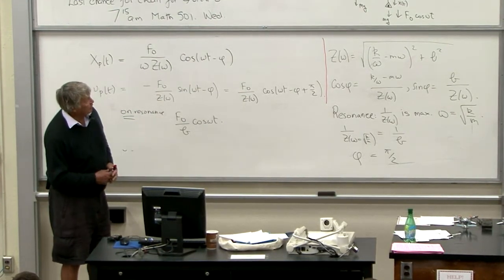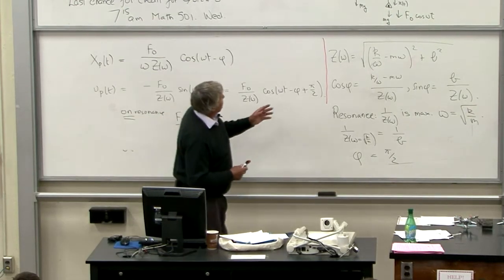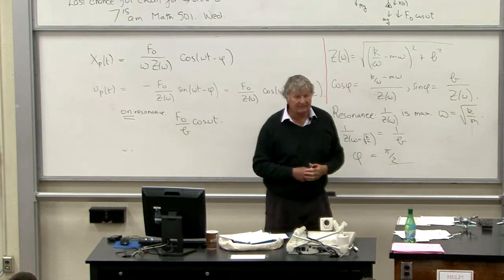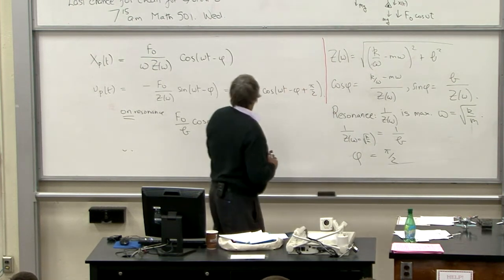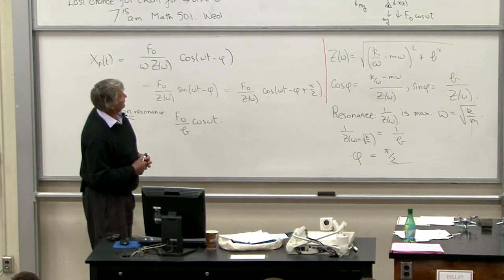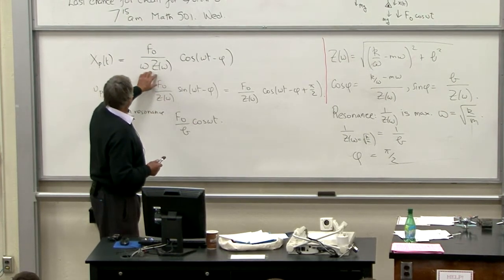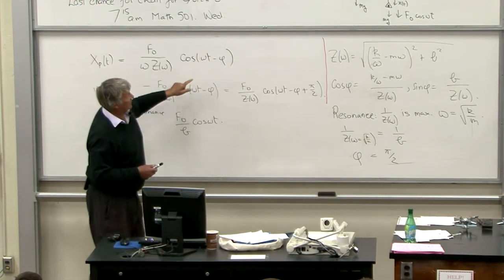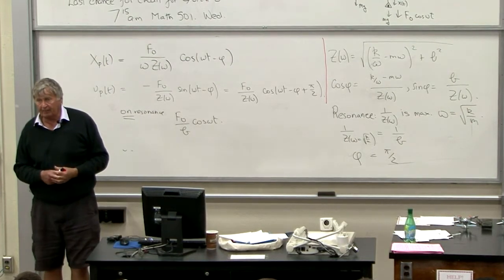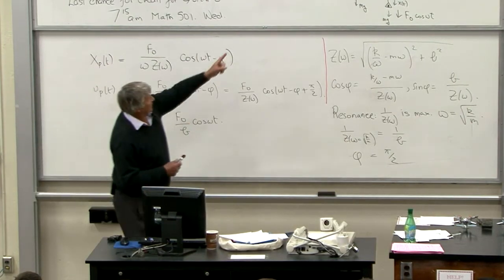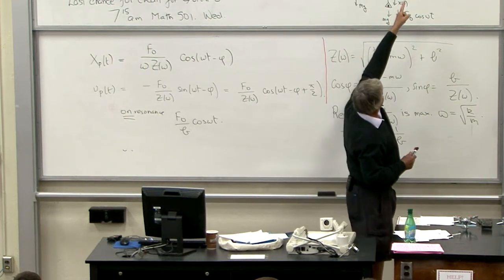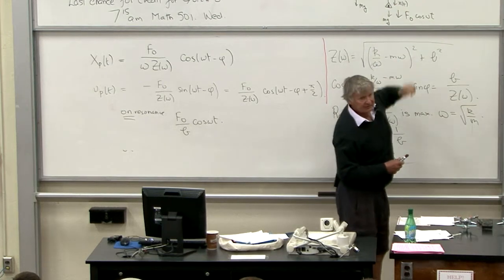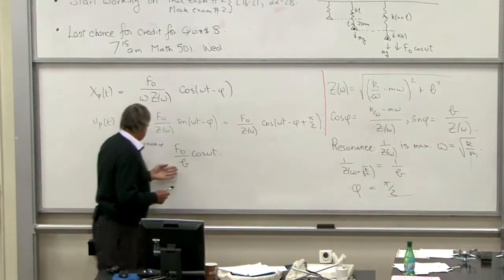And in fact, when you're at that position, look what happens. The m d2x by dt squared term and the kx term exactly cancel, because omega is simply root k over m. So that term cancels the restoring force. And then the damping matches the forcing. And that's what this says.